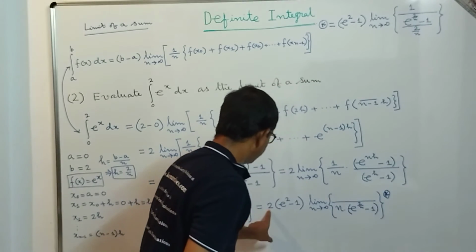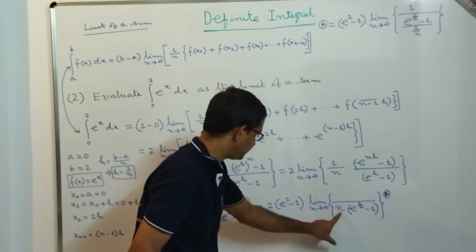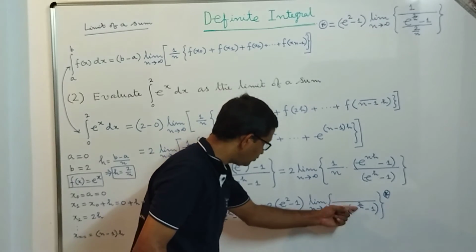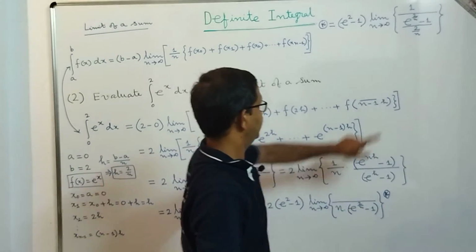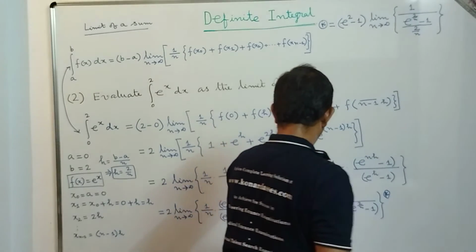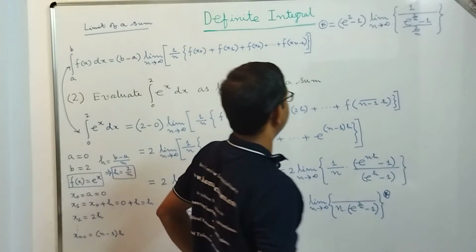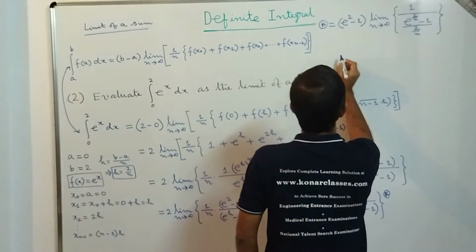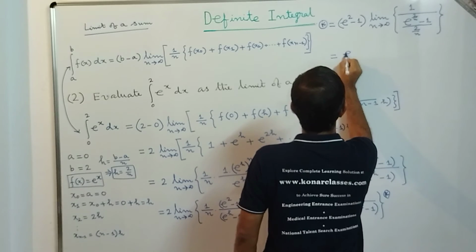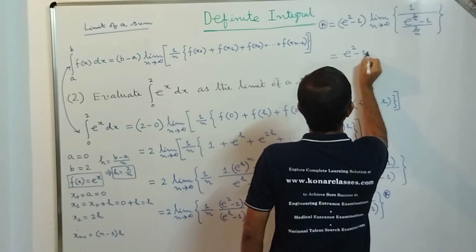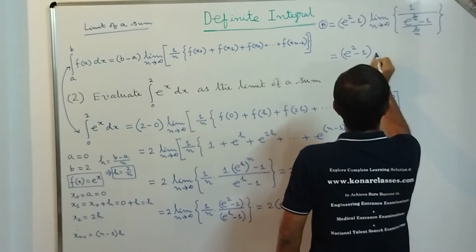Correct? So these two we bring it here, and since it is 2 by n, we make it 1 by 2 by n. So finally it is exactly adjusted. This is equal to e square minus 1 into limit.